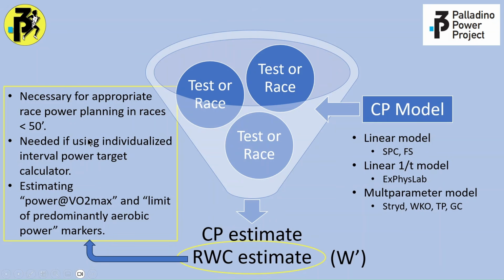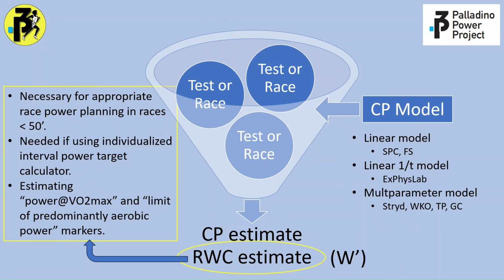If you're looking at interval power targets in that intensity domain above CP, then if you have reserve work capacity, you can be more refined in establishing those power targets.